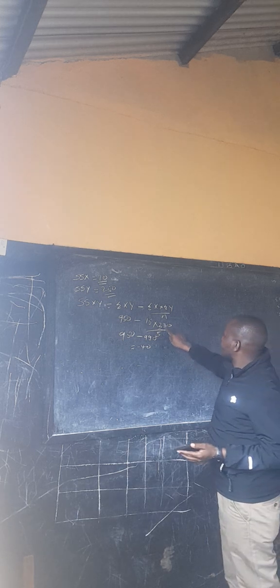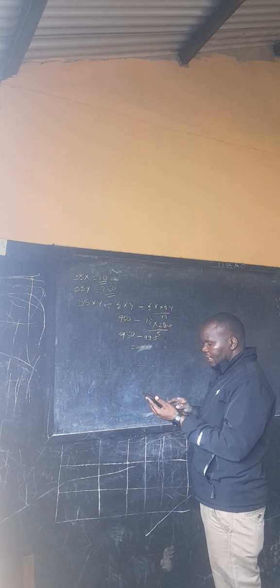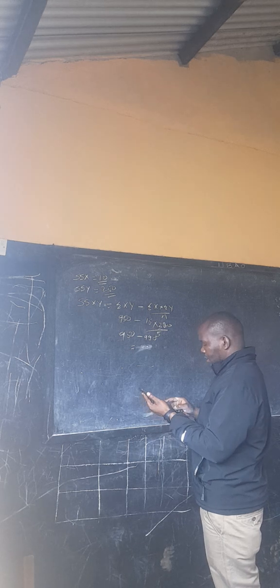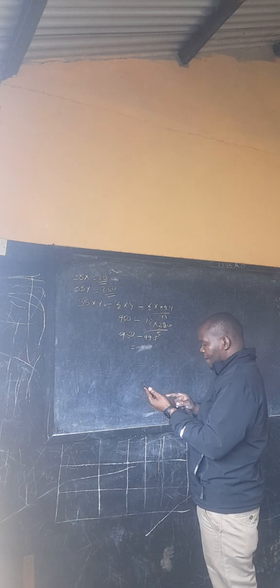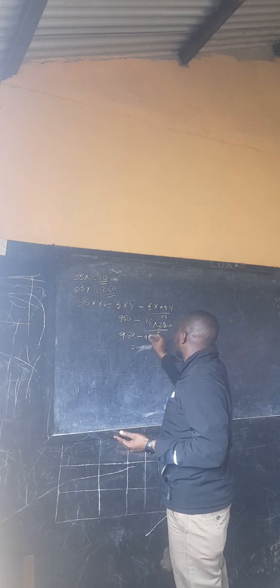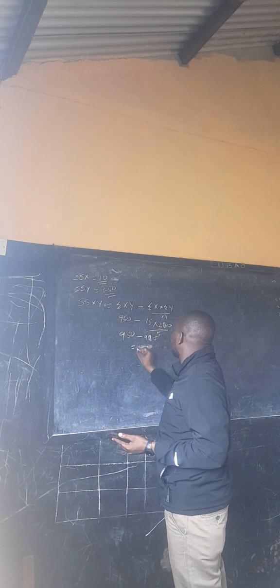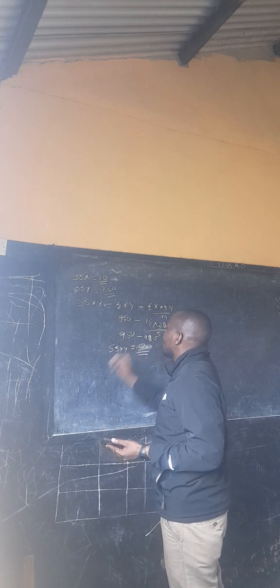We have found 300. So it's 15 times 300, you get 4500, divided by 5, you get 900. So our value will be 950 minus 900, which is 50. So that is our SSXY.